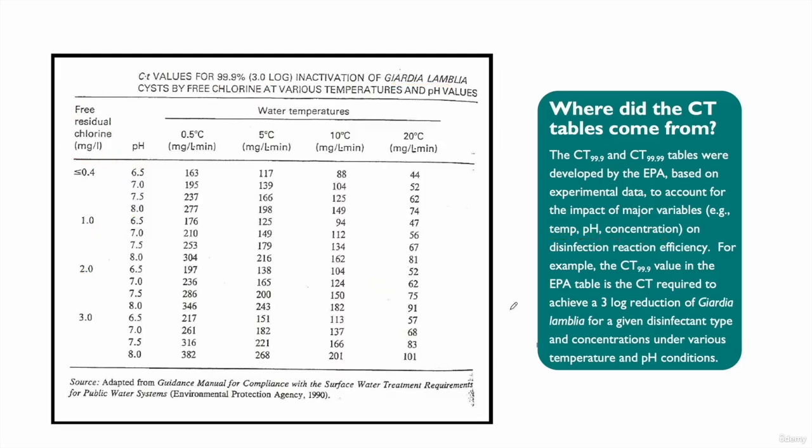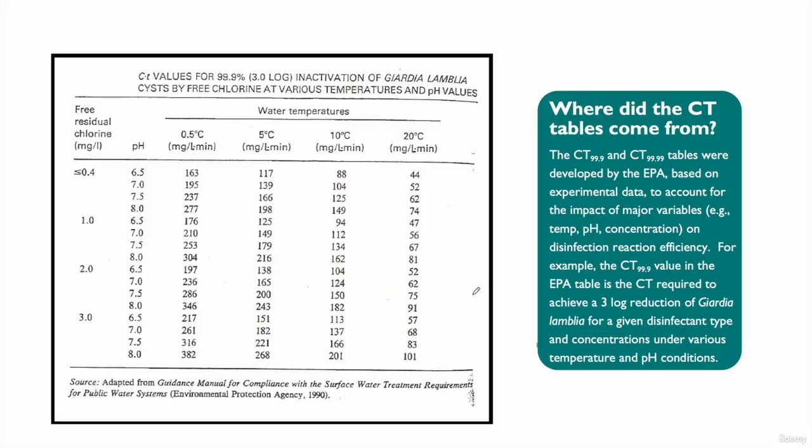Now let's take a practical example on how to use this table, and also note that the EPA document for chlorination that includes such tables, the CT values for Giardia lamblia, can be downloaded from this lecture's resources.